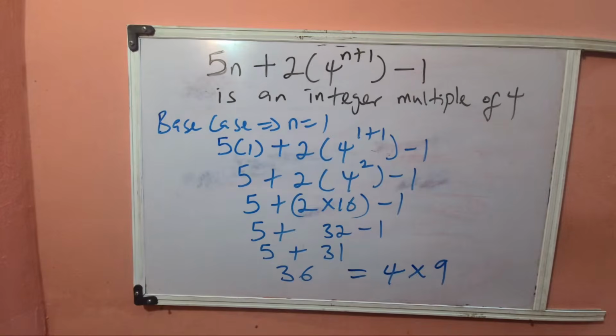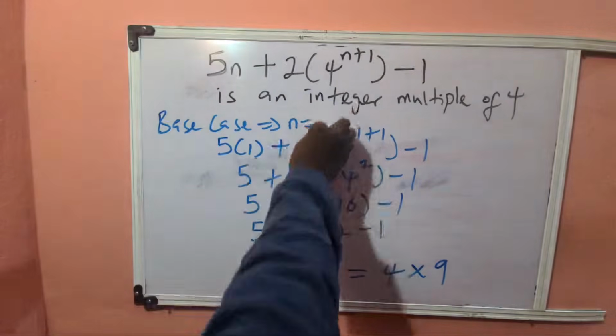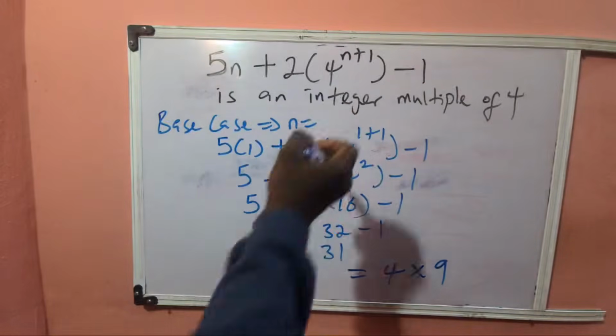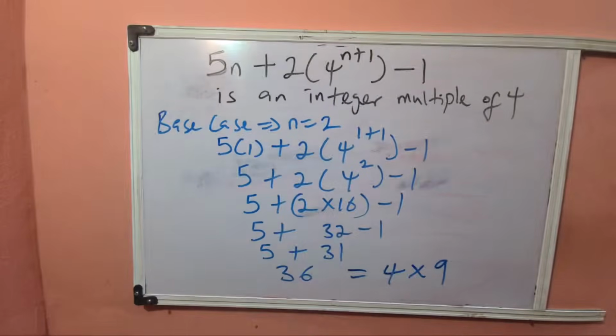So for the base case, n equals 1, we have been able to prove that this is true. Now you can go on to try for n equals 2. It's not compulsory to test for n equals 2, but just for the sake of those who need to really understand what integer multiple means, let's go on to test for n equals 2.